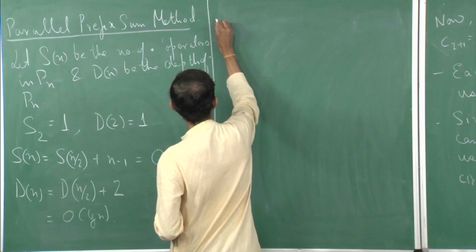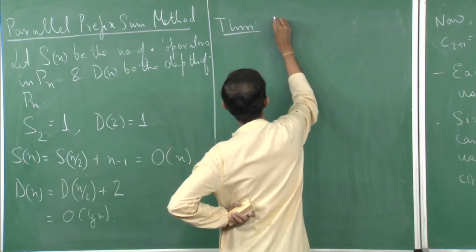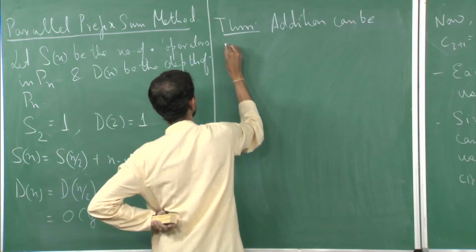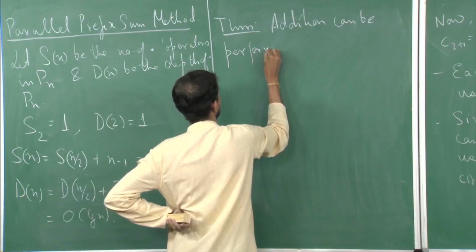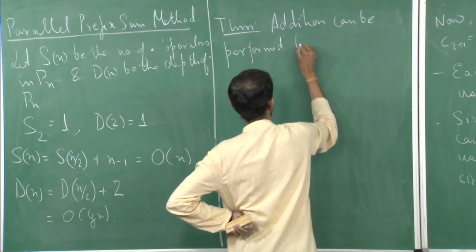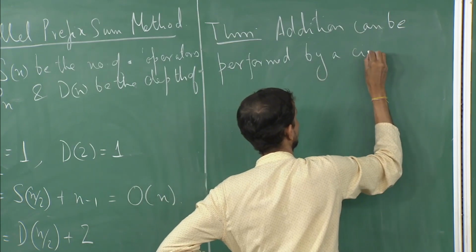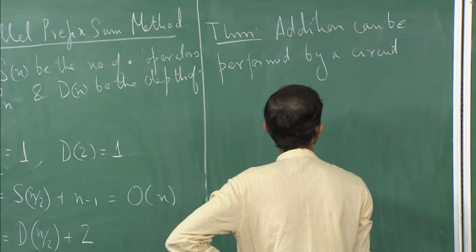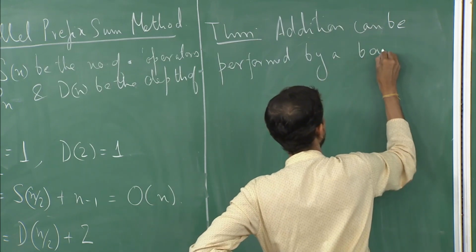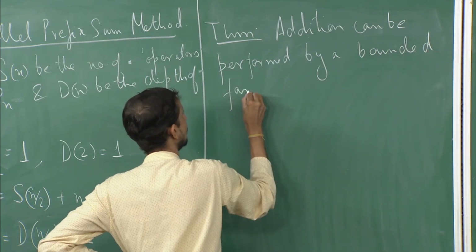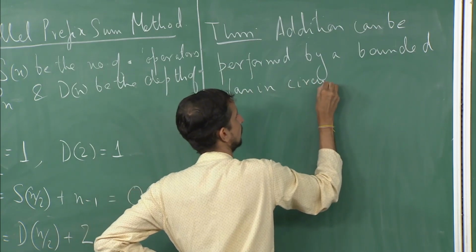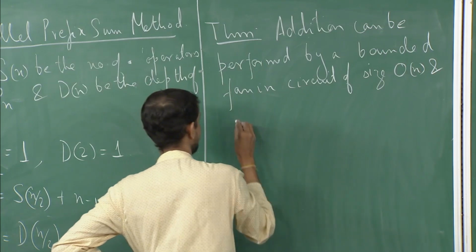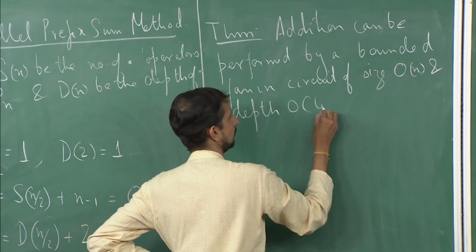Therefore, addition can be performed by a bounded fan-in circuit of size order n and depth order log n.